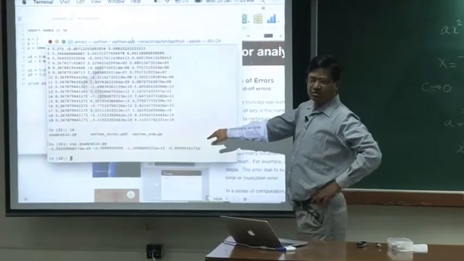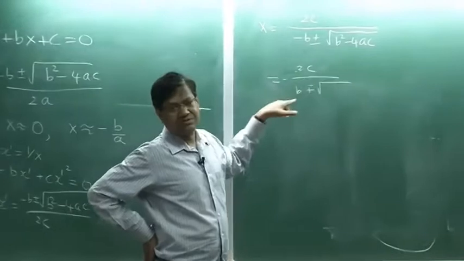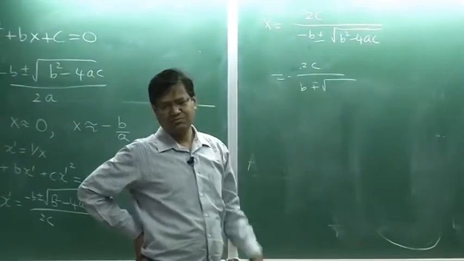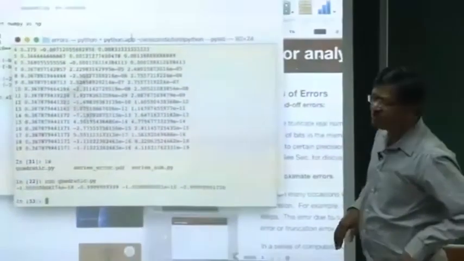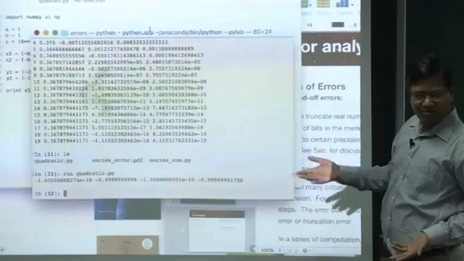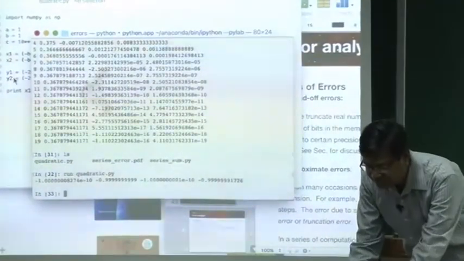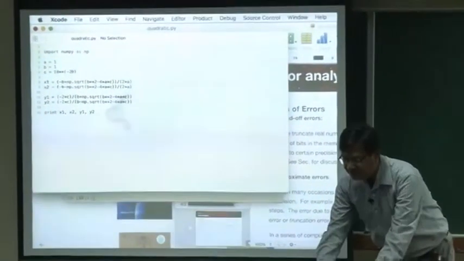This is purely because my error is more in this operation when the numbers are close by. If I make c even smaller, then I should expect more errors. So let us see whether it happens. I will make it minus 20, c even smaller.